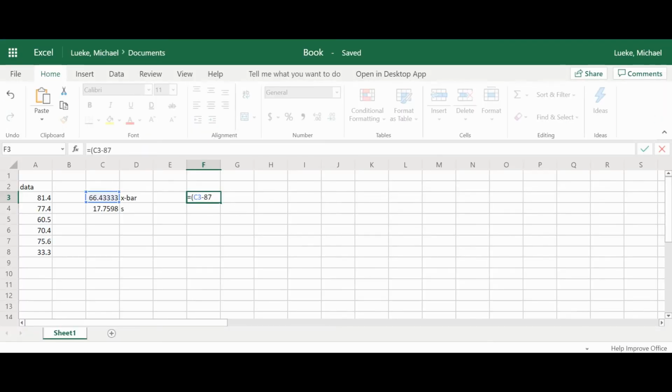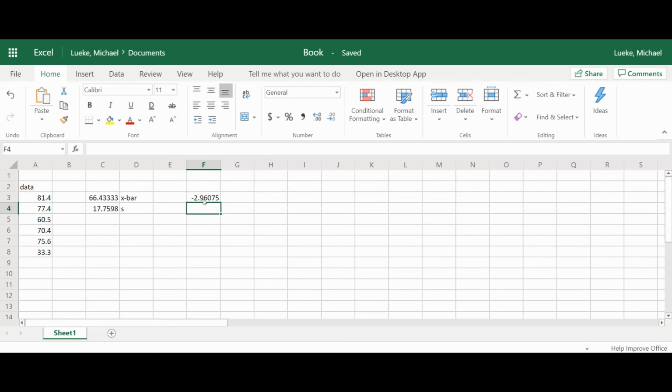So 87.9 is my population mean, and then I'm going to divide by this quantity, the sample standard deviation, divided by the square root of the sample size, which in this case is 6. There are 6 data points. So I'm going to compute my test statistic there.